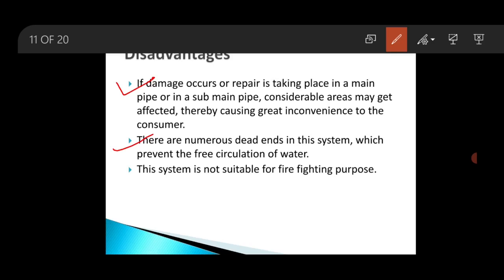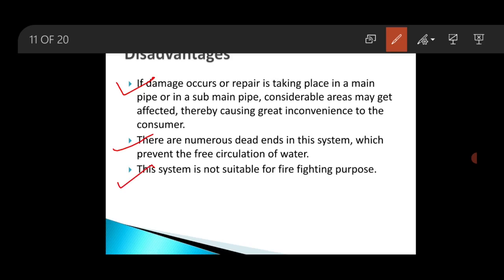Therefore, this stale water should be removed periodically at all the dead ends by providing scour valves at each dead end. So this will result in a greater wastage of treated water and will necessitate careful attendance at each valve.